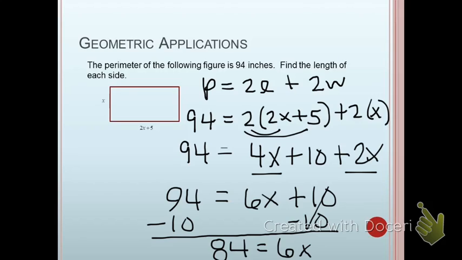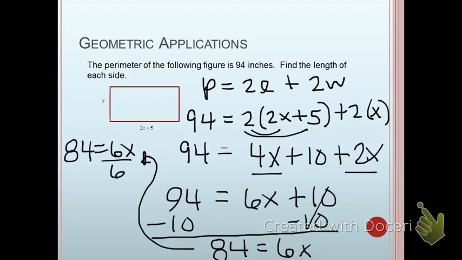And I've run out of room, so I'm going to go ahead and write that up here. We have 84 equals 6x. I'm going to divide both sides by 6. So we see that x is equal to 14.